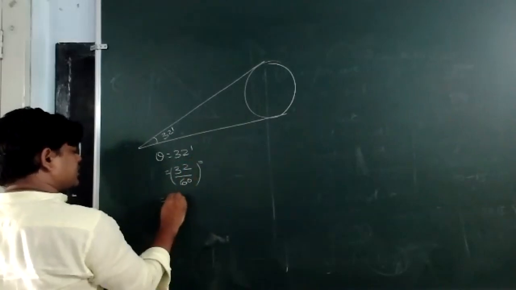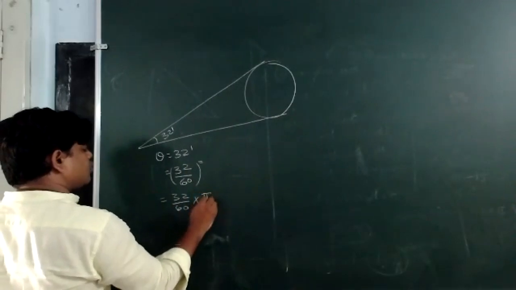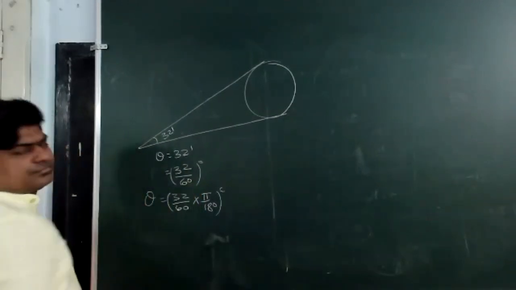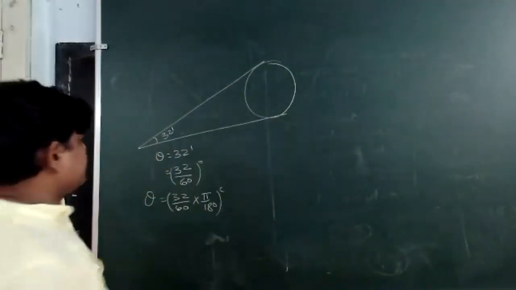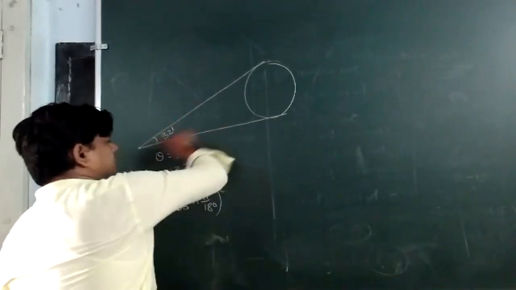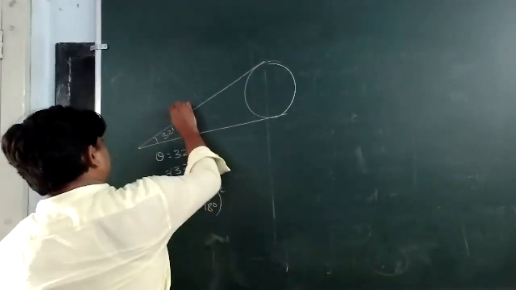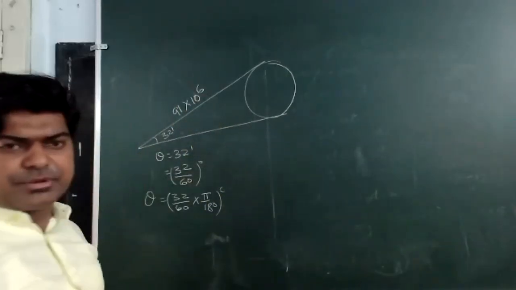It can be written as 32 upon 60 into pi by 180, then it is in radian. It is theta. Got it? Say yes or no. And this distance has been given, 91 into 10 to the power 6. It has also been given.